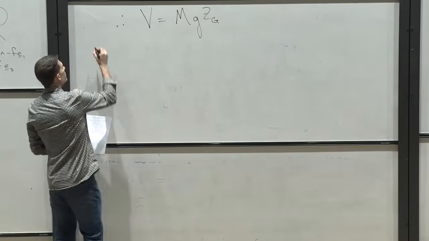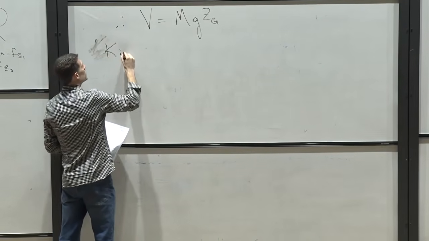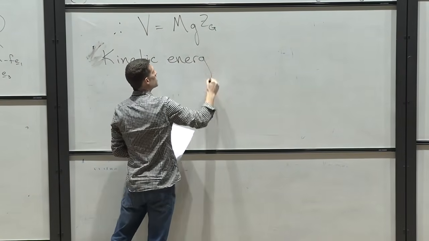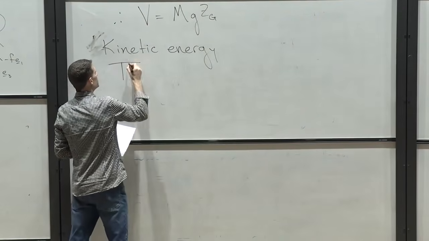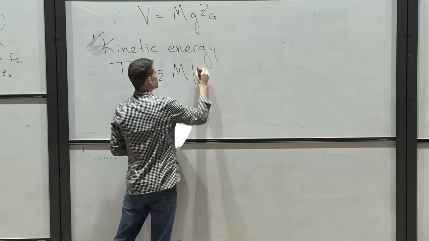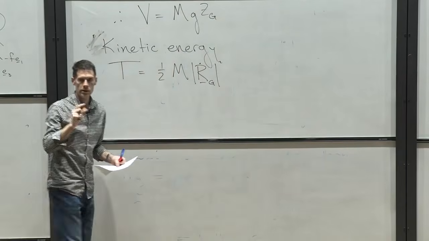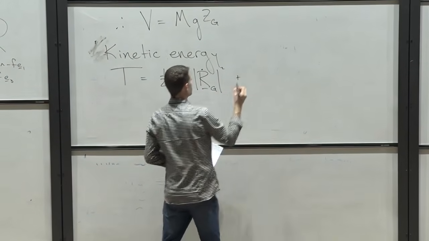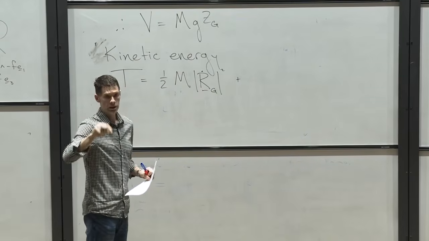Okay, the kinetic energy, that's very ugly. We saw this last time, so the kinetic energy, or call it T, is 1/2 m times the magnitude of r_g dot squared, our kinetic energy of translation, plus the energy of the rotation, which we saw last time was 1/2 L_g dot omega.